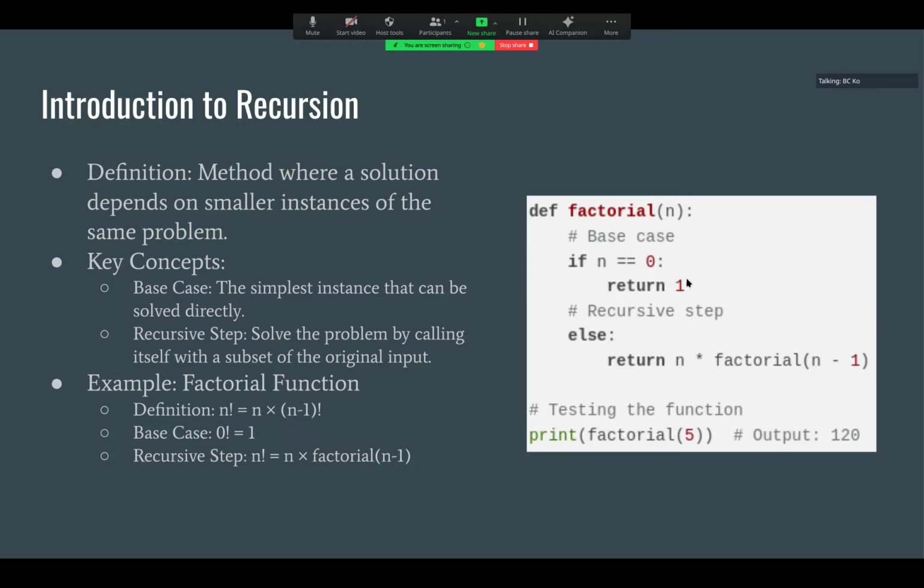And we have Python code that has a factorial function, and it receives n as a parameter. We can see that the base case of n being 0 returns 1. For all other values of n, the function calls itself with n minus 1 and multiplies the result by n, effectively computing n factorial.